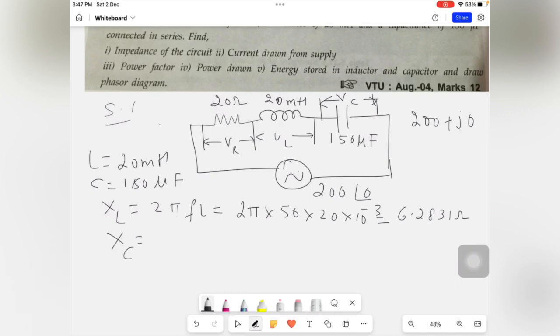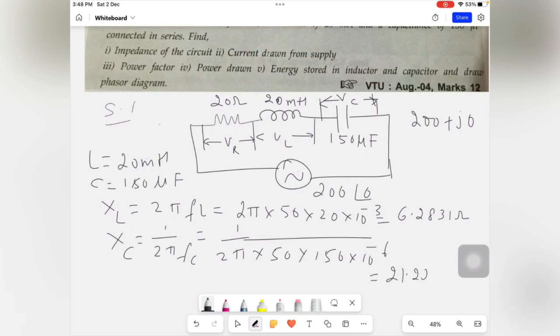Similarly, calculate the XC value. XC is equal to 1 by 2 pi FC. Simplify: 1 by 2 pi into 50 into 150 into 10 to the power of minus 6. Its value simplified, you will get 21.22 ohm.